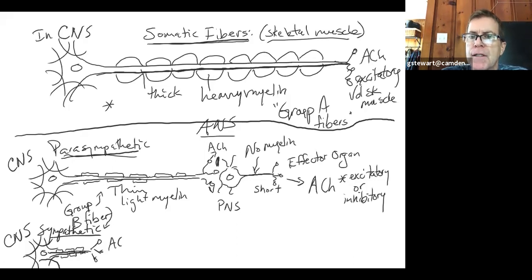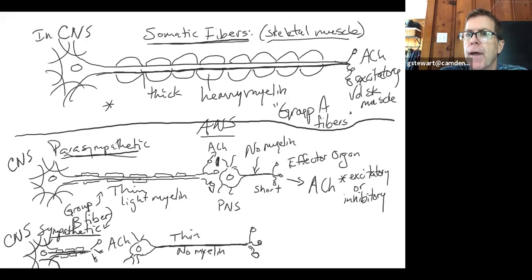It also releases acetylcholine here, and it synapses with a postganglionic fiber that's relatively long, thin, unmyelinated. So it's also a group C fiber. So I'm going to write group C fiber. That would apply to this one and this one.